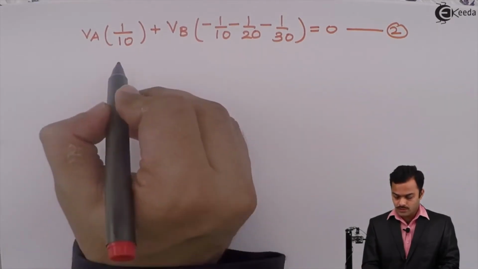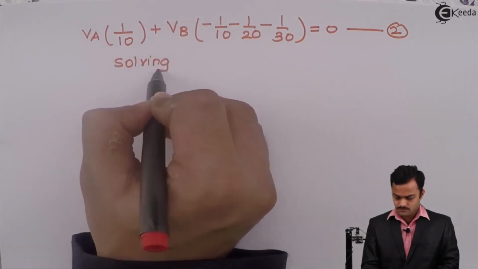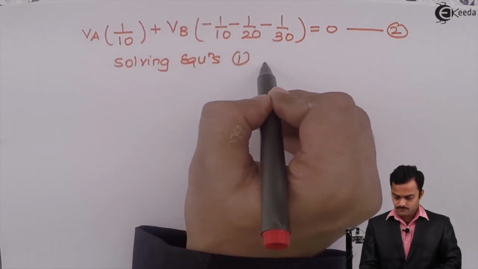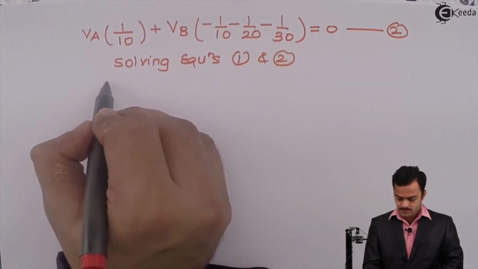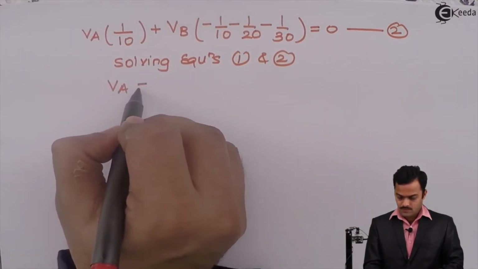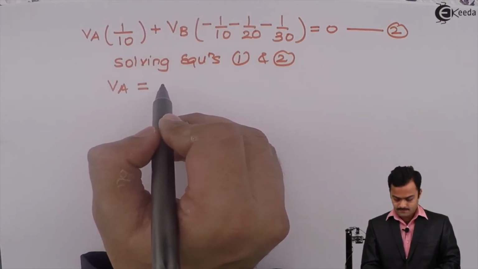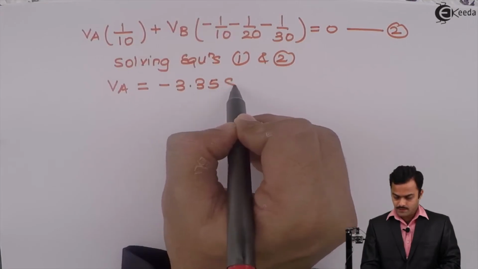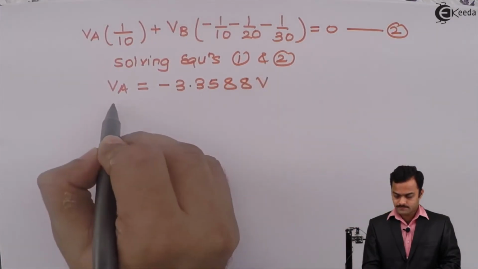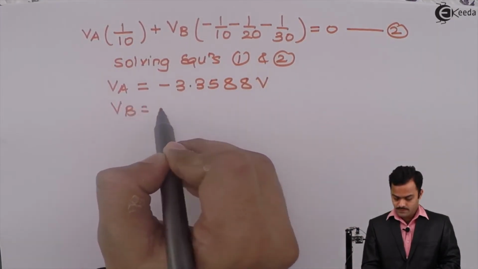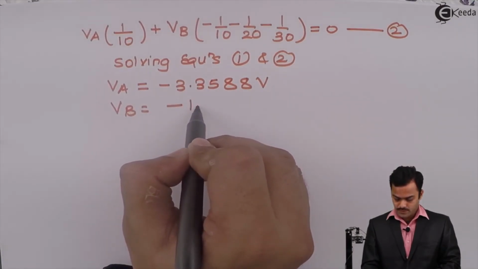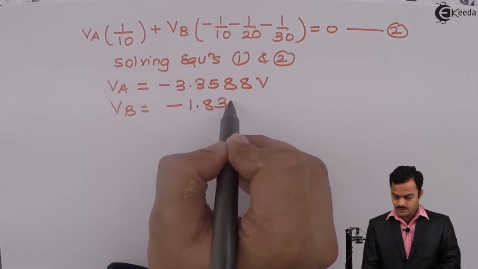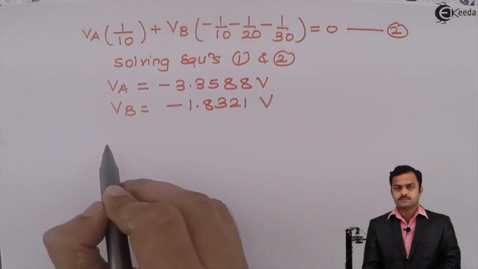Solving equations 1 and 2, I will get VA as minus 3.3588 volt, VB as minus 1.8321 volt.